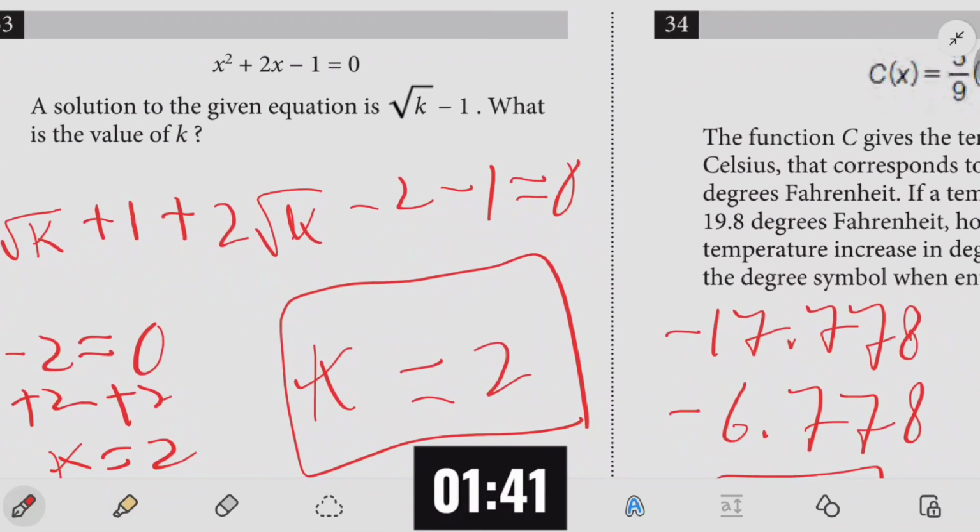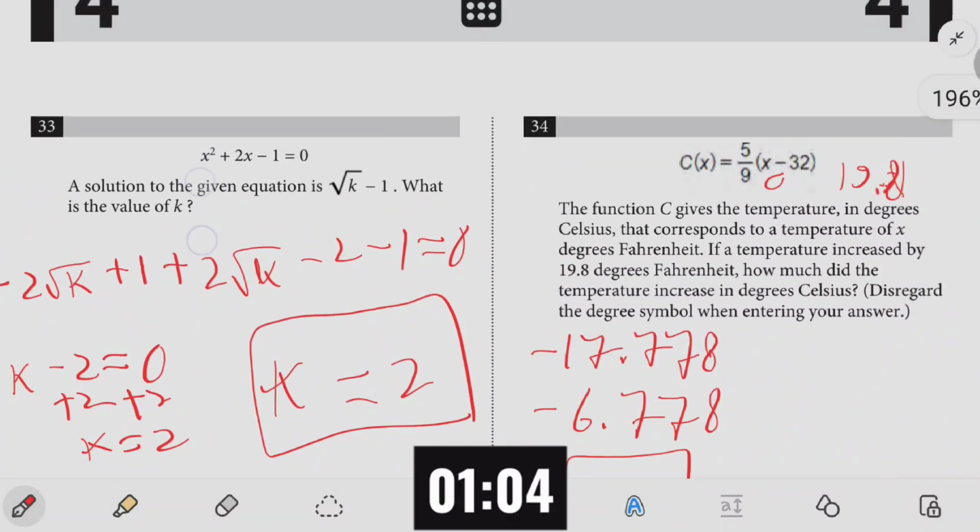Has to be. Let's see. 2, 2, 4. Wait, what? Oh. Square root of 2 minus 1 times square root of 2 minus 1. Oh. That. Yeah, that gives us the answer. Yeah. K equals 2. I think we're done.